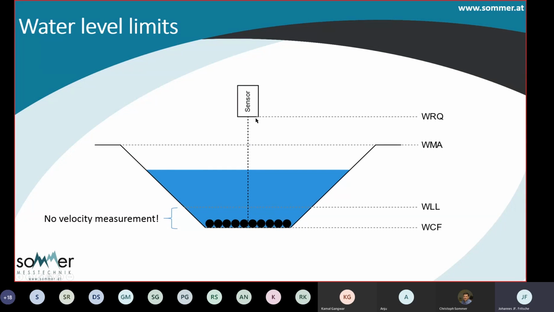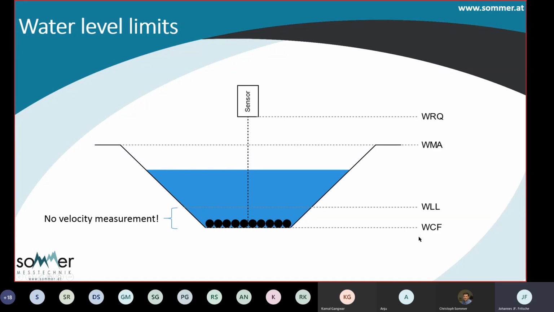How this is set, I will tell you in a minute. Then you have the WMA, which is the maximum water level you expect in your measurements. You might have some historical recordings that tell you how high the water level rises in your canal.